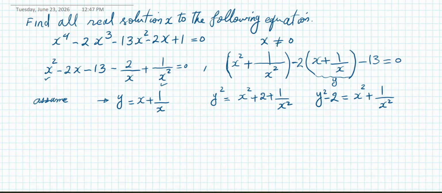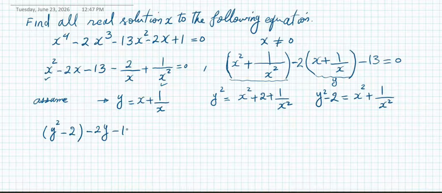Therefore, using the substitution for y, this equation simplifies. For this parenthesis, we replace y squared minus 2, minus 2y, minus 13 equal to 0.